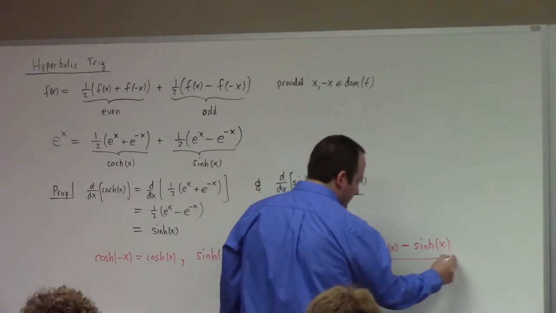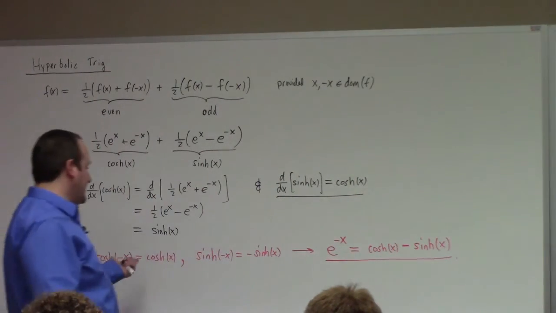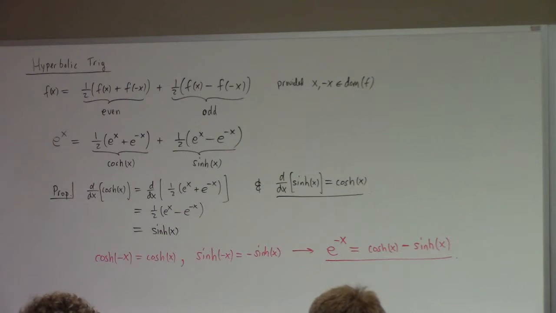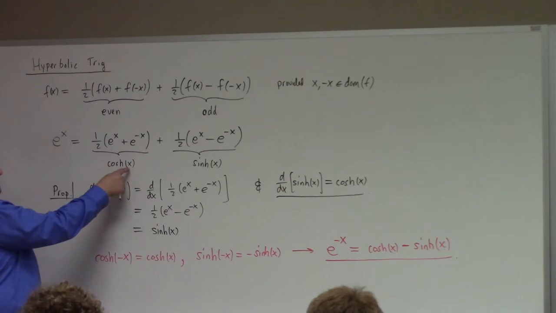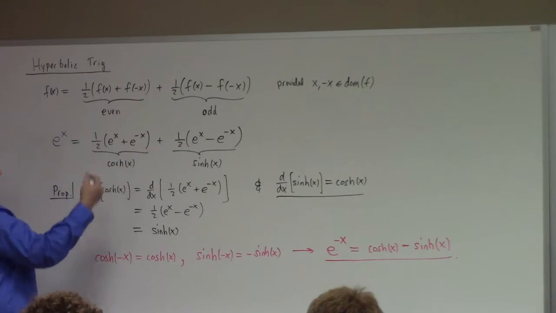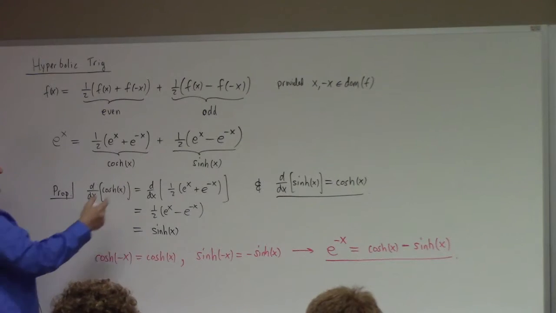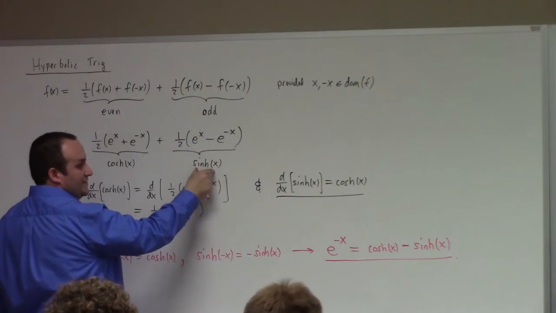Do you see that identity, why that follows? If I replace x by minus x here, it's just cosh x, right? If I replace x by minus x, I get minus sinh x there.